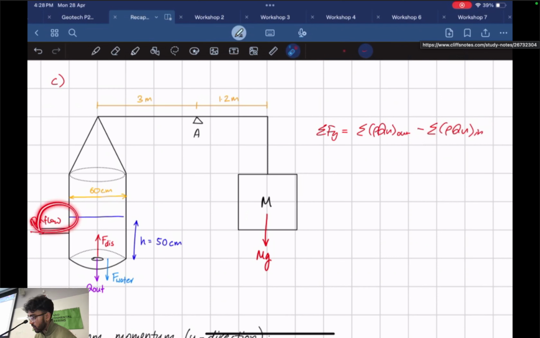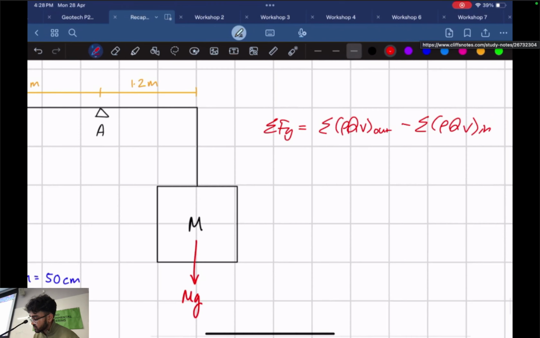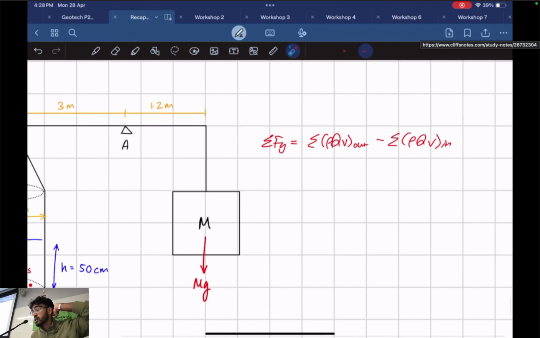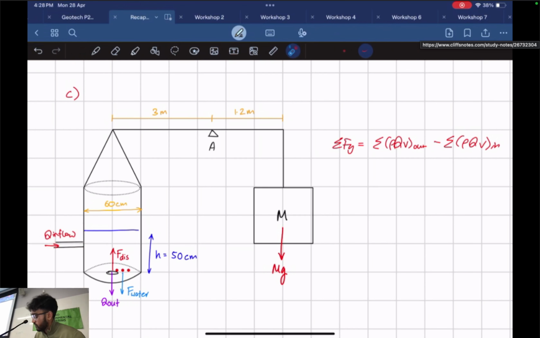Even though we have an inflow, in the y direction there's actually no inflow. The only inflow we have is in the x direction. We do have outflow in the y direction, but we don't have any outflow in the x direction. We don't care about the x direction right now because we're trying to find the force in the vertical direction. So this part is going to be equal to 0.